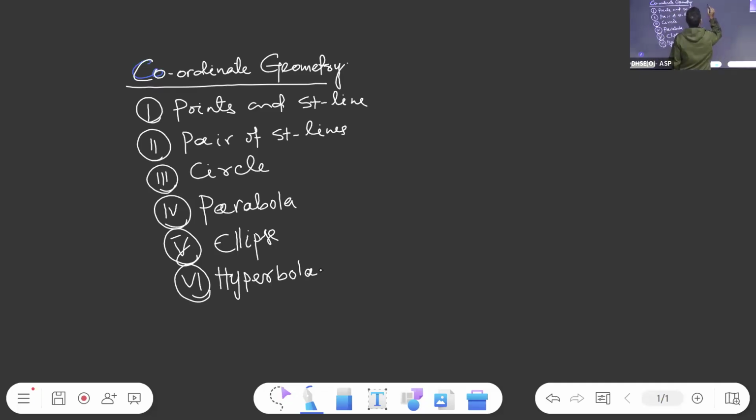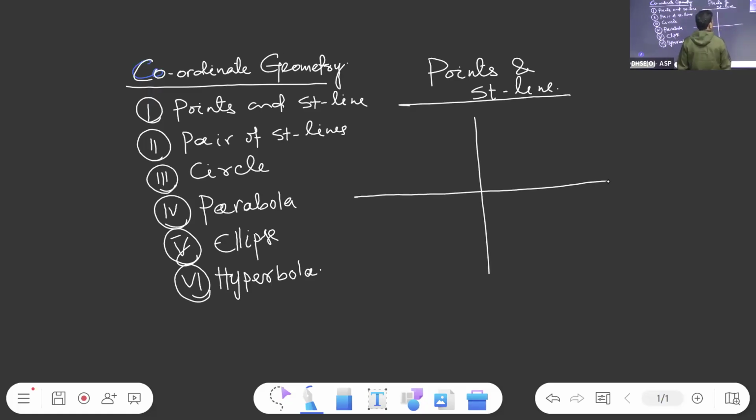So let's start with points and straight line. In Cartesian coordinate system, the system consists of two mutual perpendicular lines. One is parallel to the surface of the earth, known as the x-axis, and another one is perpendicular to the surface of the earth, known as y-axis. These two mutual perpendicular lines divide the plane into four regions.